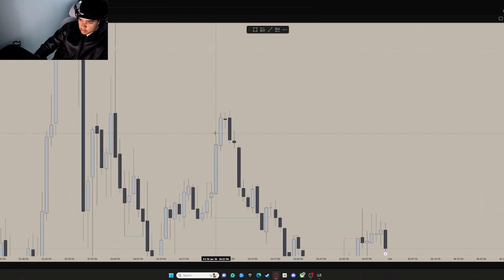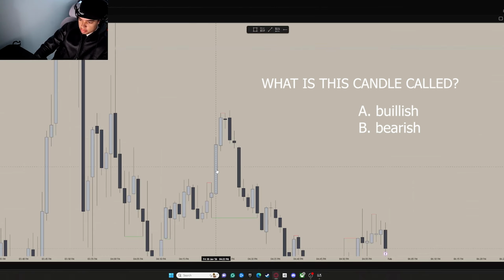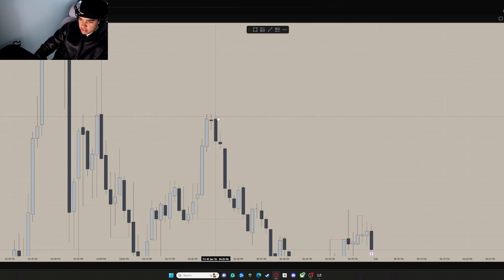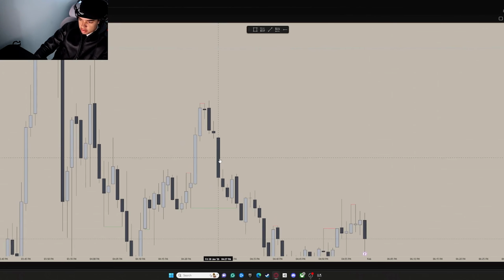So this candle is going up. Pretend this is a green candle going up. What is this called? Take some time. I'm gonna wait for y'all to answer. All right, if everyone said it is a bullish candle because it's going up, correct. Pretend it's green. And this right here is red.